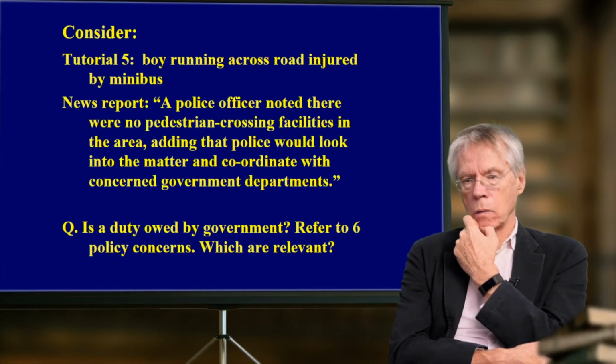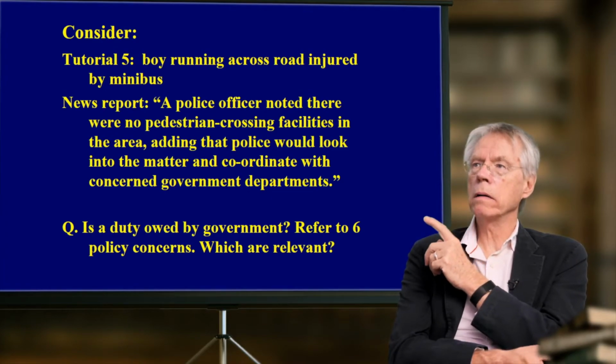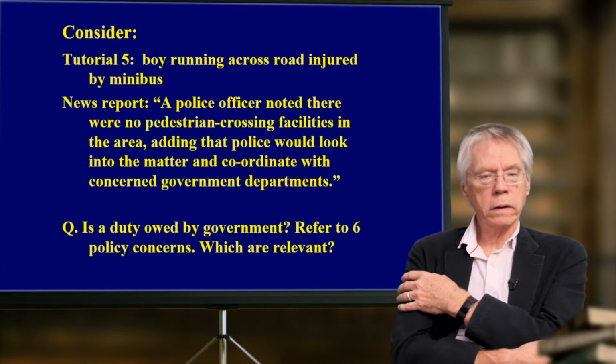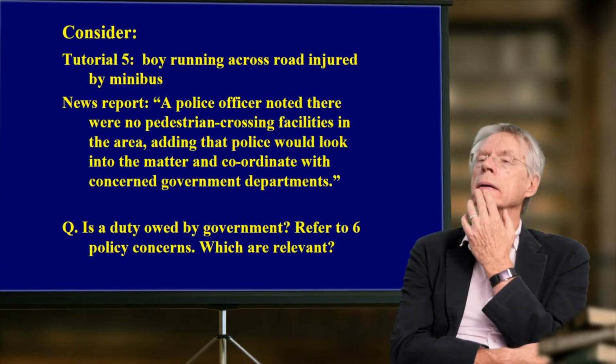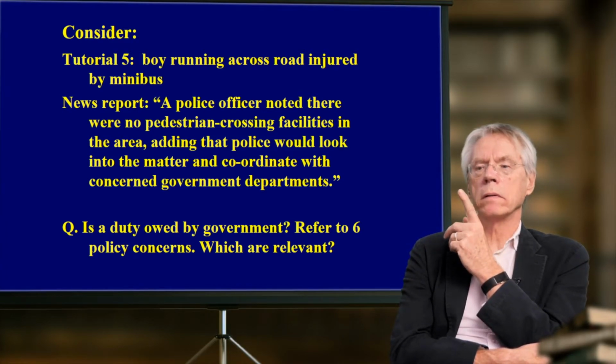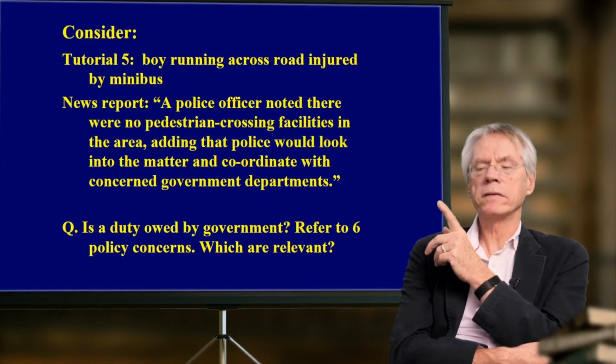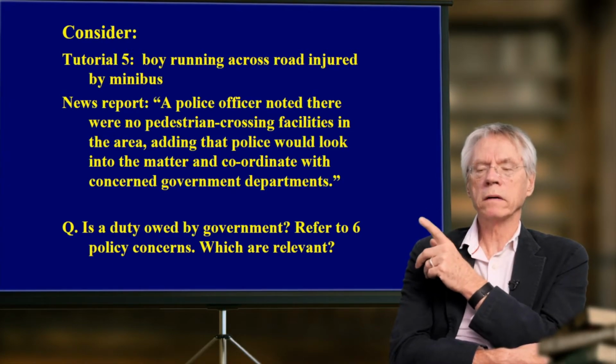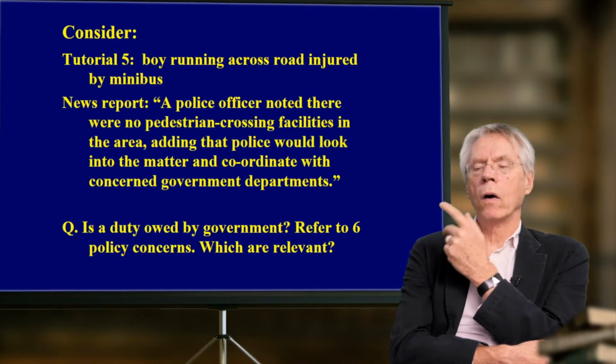But I want you to reflect on part of what was reported in the news report. This was not relevant to our Tutorial 5 discussion, but you'll recall that the news report said that a police officer noted there was no pedestrian crossing facilities in the area.